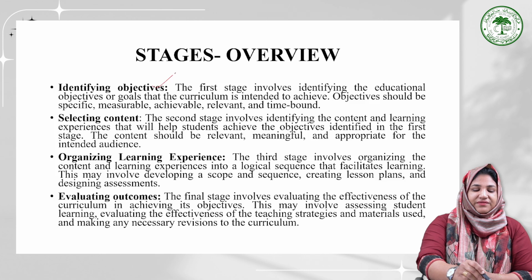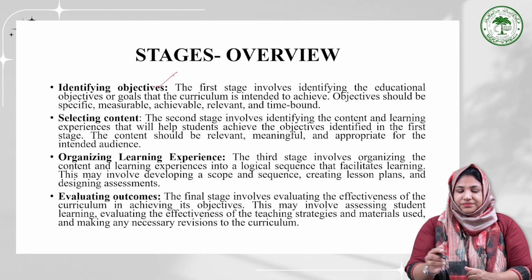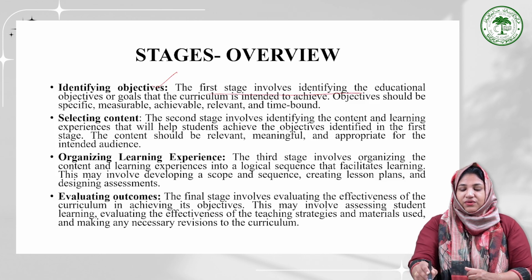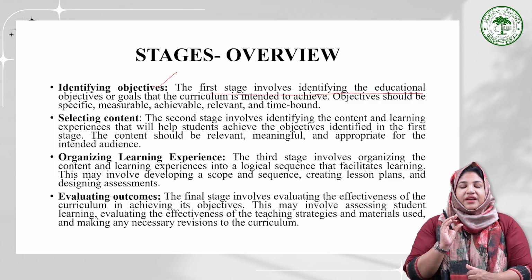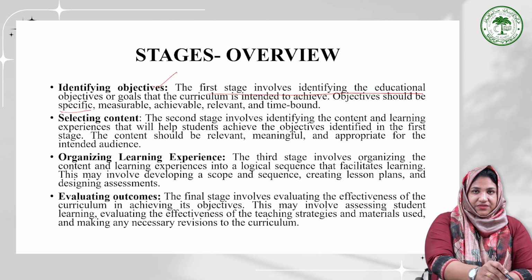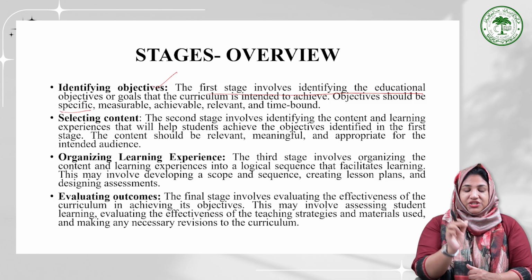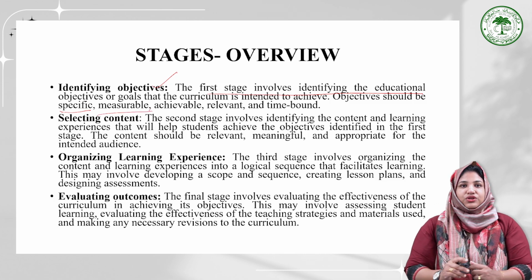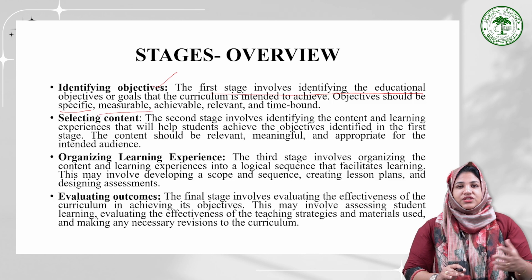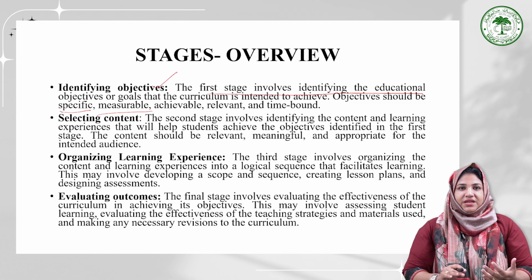First one is identifying the objectives. When it involves identifying the objectives or goals, according to the Taylor model, the objective should be specific. You should be very clear about the objectives. It should be measurable. You should not keep an objective which has no utility or feasibility.